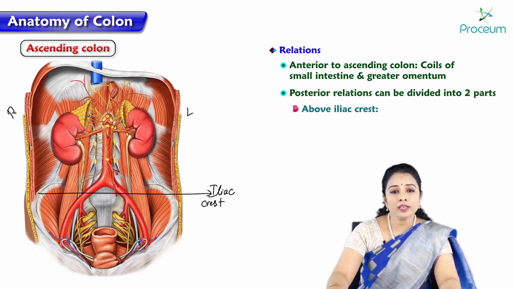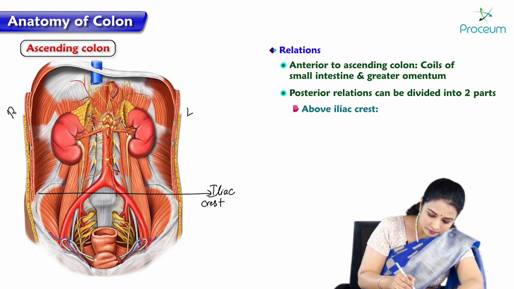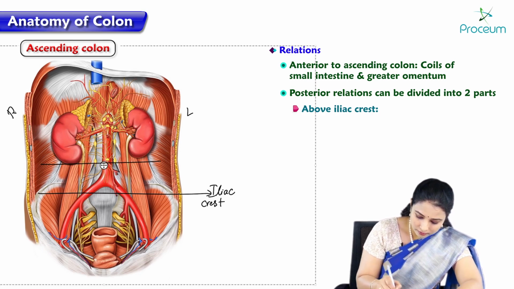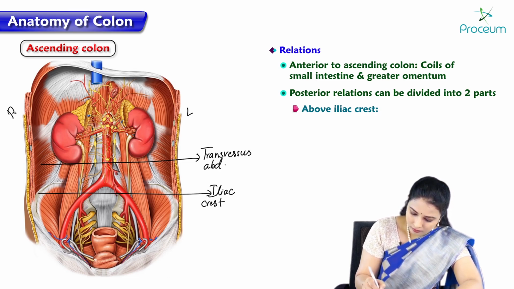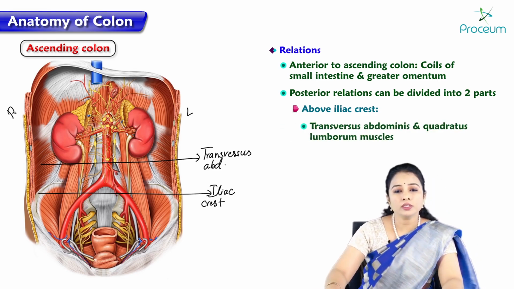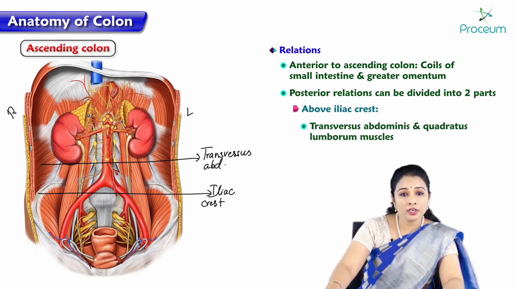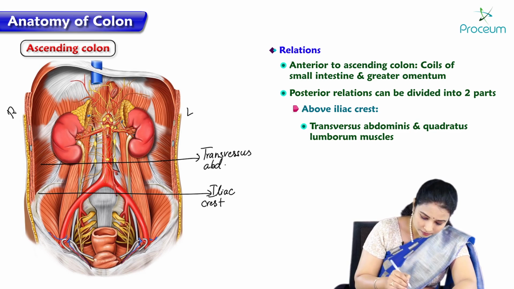Above the iliac crest, the ascending colon is related to transversus abdominis. Transversus abdominis is related to the quadratus lumborum muscle.